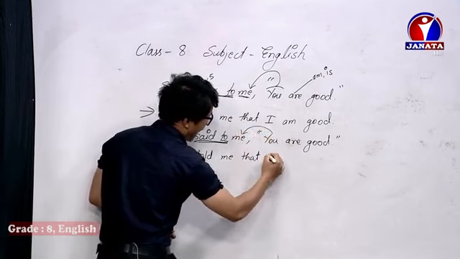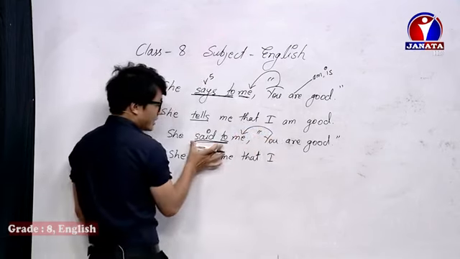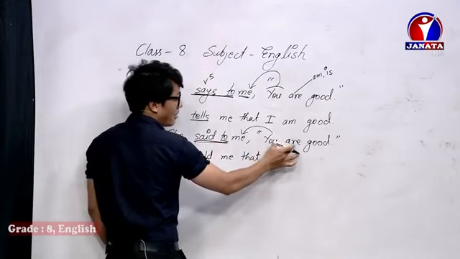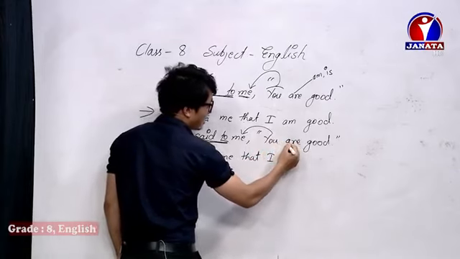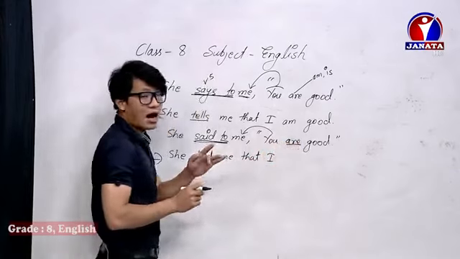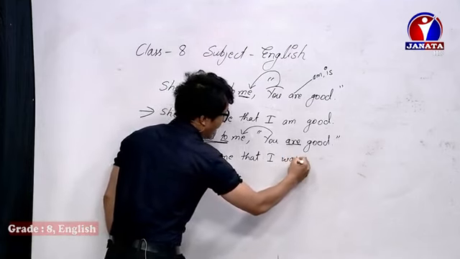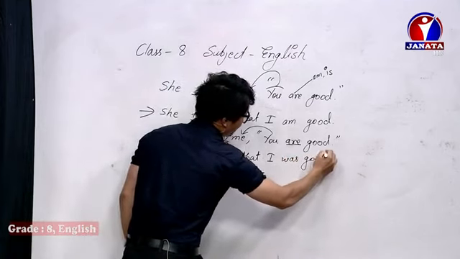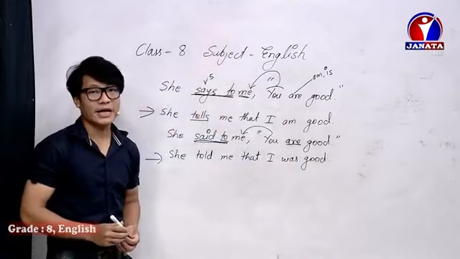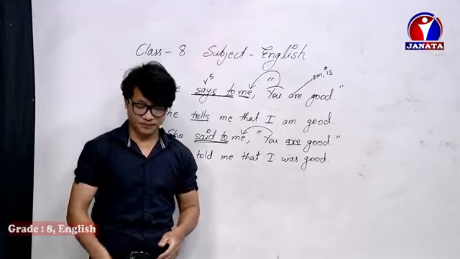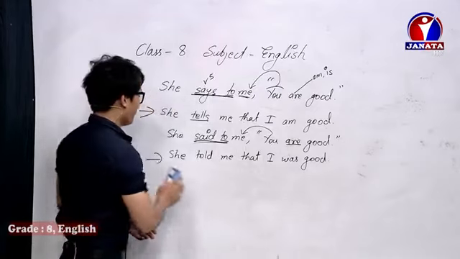So stand here I. And this is a simple past. When reporting is in a simple past, then the tense of reported should be changed. Here is are. So am, is, are should be changed into was, were. So I take was. I was good. So this is how we change assertive sentence into indirect speech. Okay?